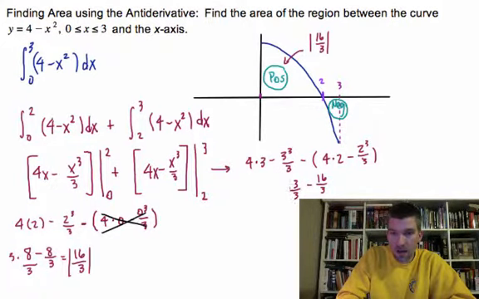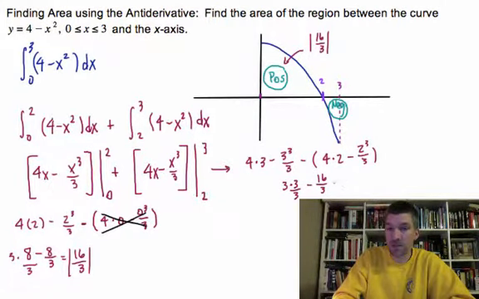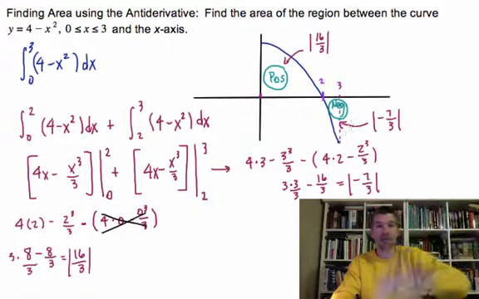So if I get a common denominator, I'm going to have 9 minus 16, which is negative 7 thirds. I need the absolute value of this because it goes right here. That area is negative 7 thirds, but in order to get total area, I need the absolute value of that.